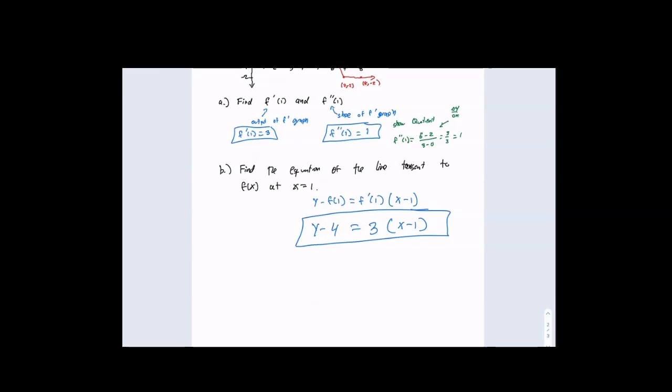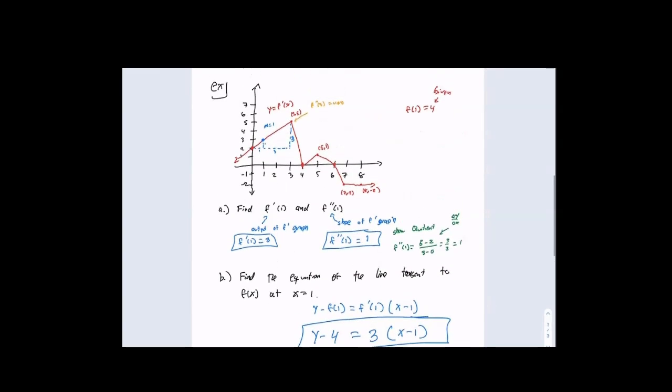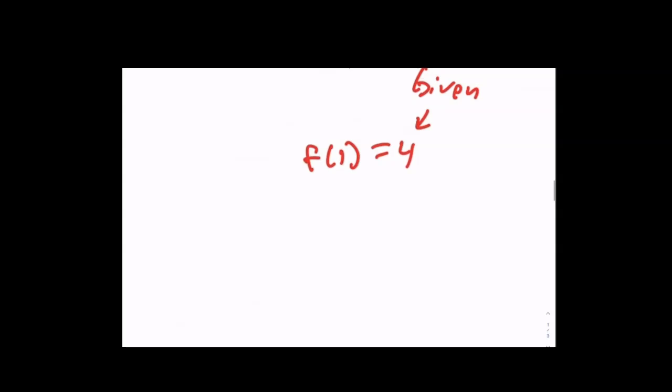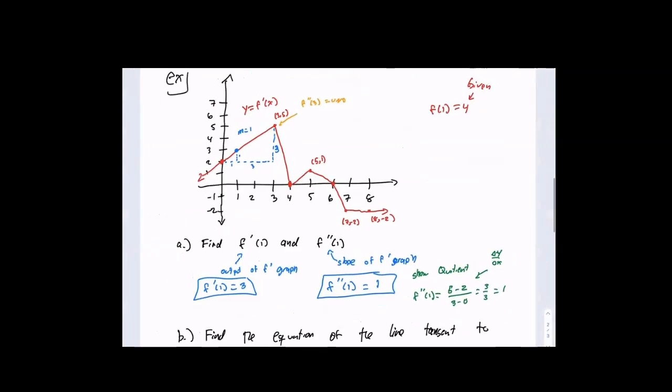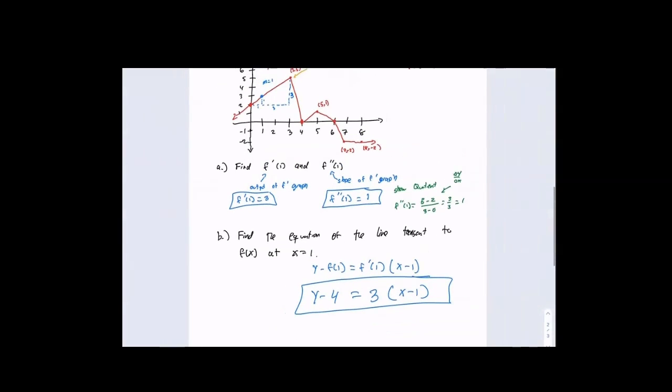So you can still do tangent lines for these type of problems. Now, notice that that's the reason why this point was given. The fact that I told you f of 1 is 4 was only because it needed to be used for the tangent line.